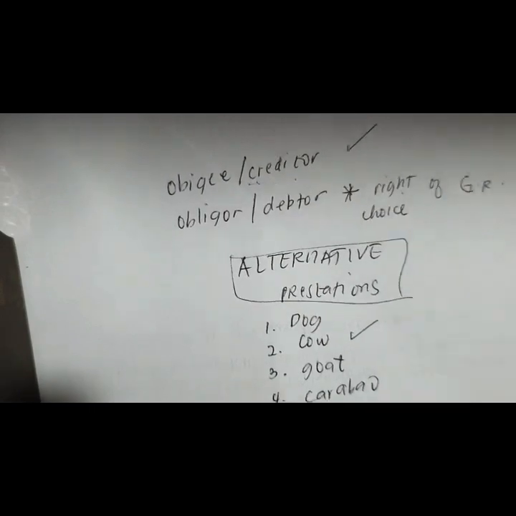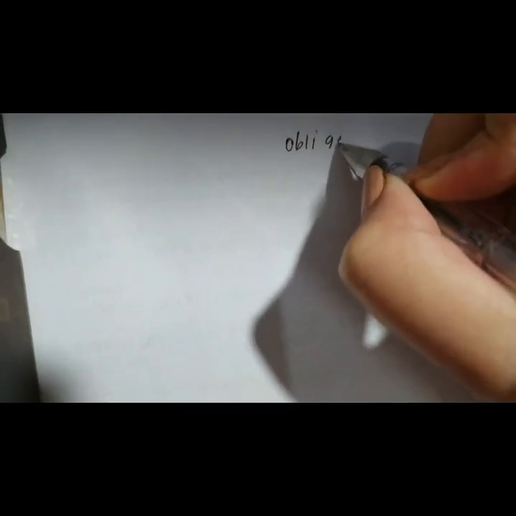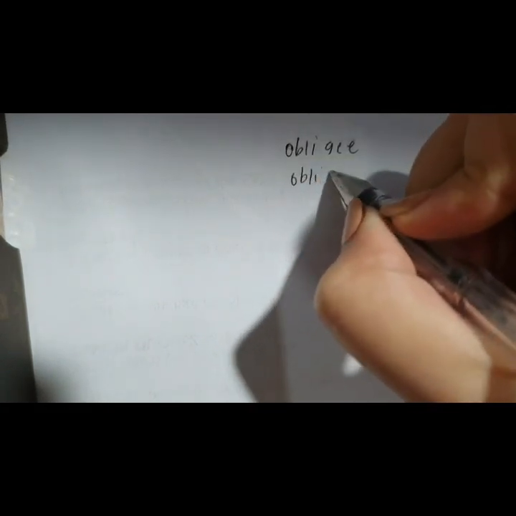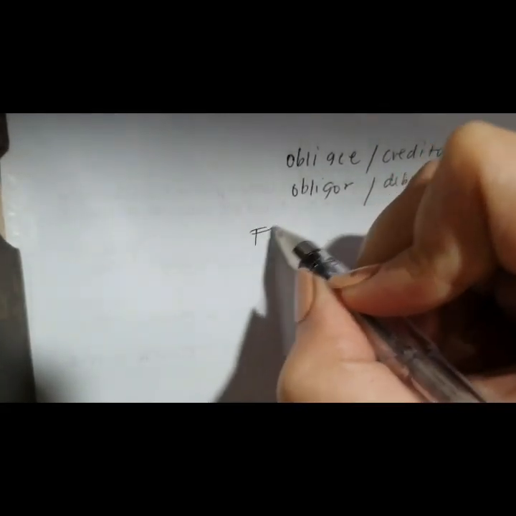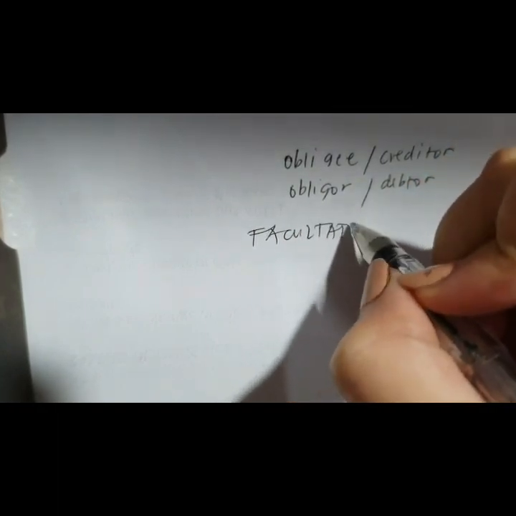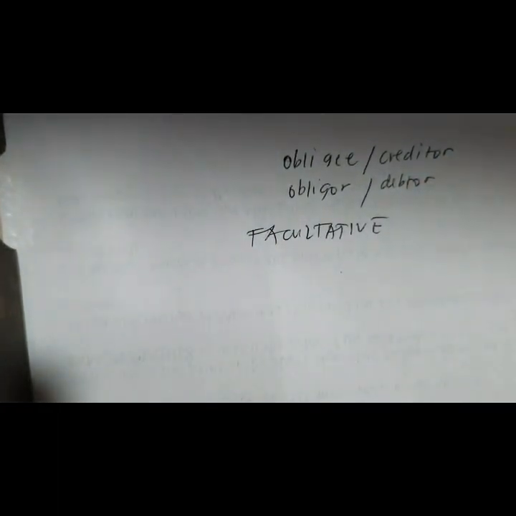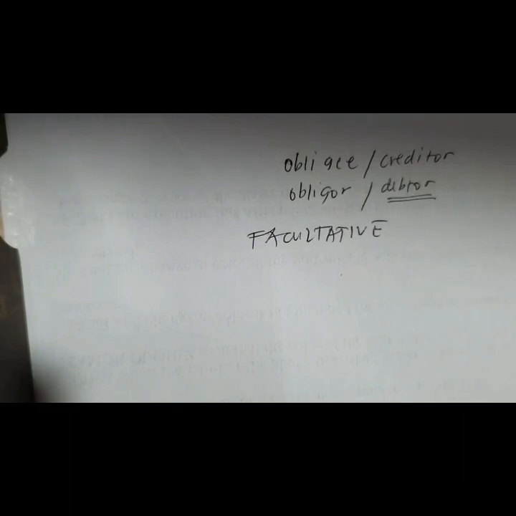Okay? Comparing it to facultative obligations. Sa facultative obligation, meron syempre ulit obligee, merong obligor. Okay? Si obligee ay si creditor. Si obligor ay si debtor. Dito sa facultative, may principal prestation and may substitute. Okay? So, ang right of choice dito sa facultative is always with the debtor.